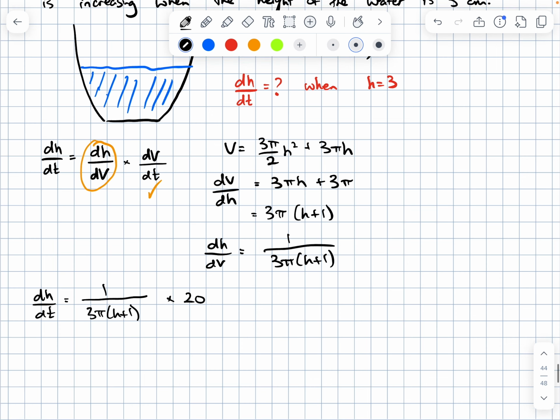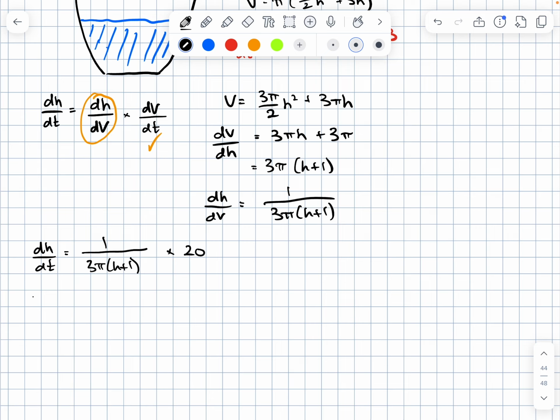So this is an equation for dH dt at any height, and we want dH dt when H equals 3. So this will be 1 over 3 pi times 3 plus 1 times 20, or 20 over 12 pi. Both can divide by 4. We get 5 over 3 pi. Units are centimeters per second.